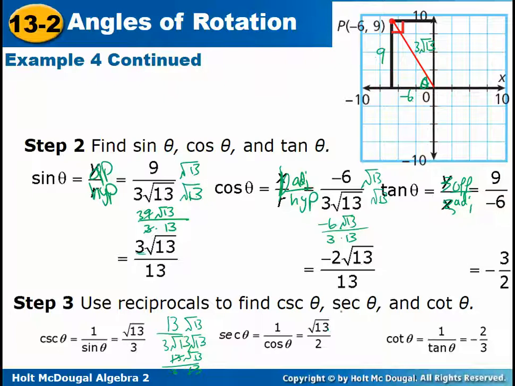And when we flip cosine theta, we get square root of 13 over 2. And when we flip, this one's the easiest, -3/2 over, we get -2/3. So the negative stays. If they were negative before, they will be negative with their reciprocals. This one should be negative. They have a typo there.